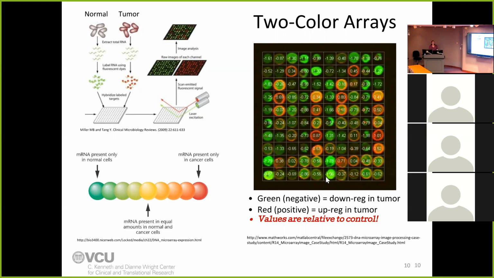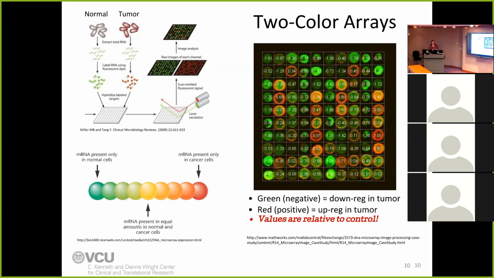Since our normal is our control, any gene that's only expressed in normal and not expressed in cancer, we can say has been downregulated or turned off in the cancer cells. On the other hand, if it's only expressed in tumor and wasn't originally expressed in the normal, we can say it's upregulated in the cancer.